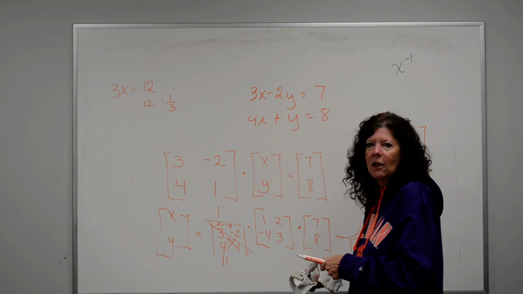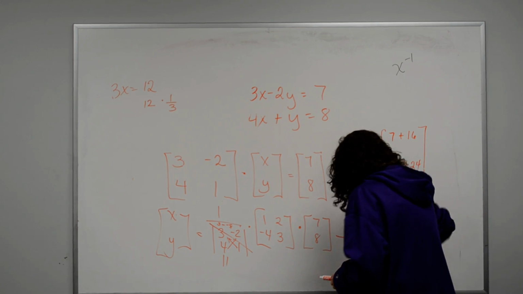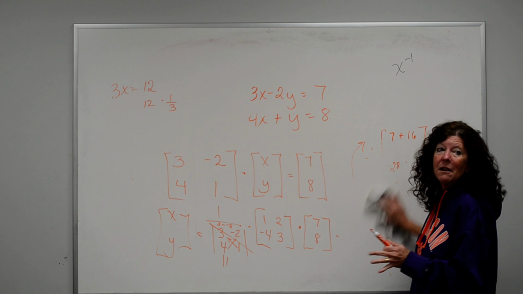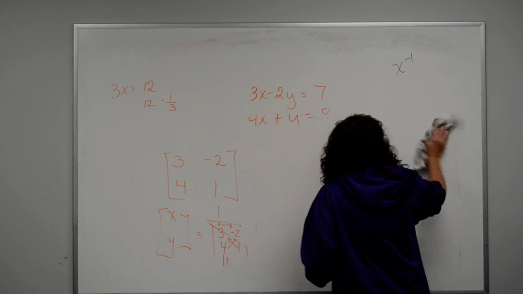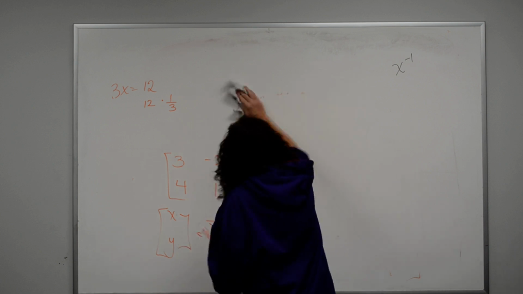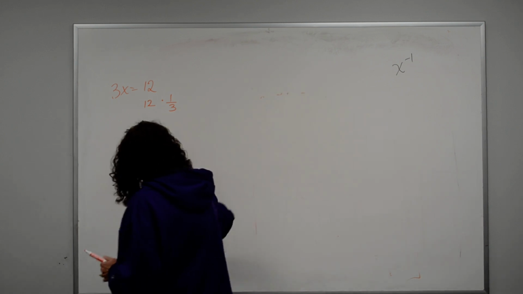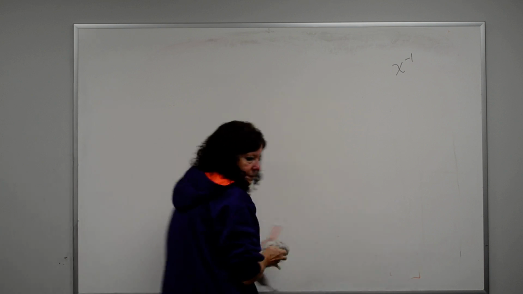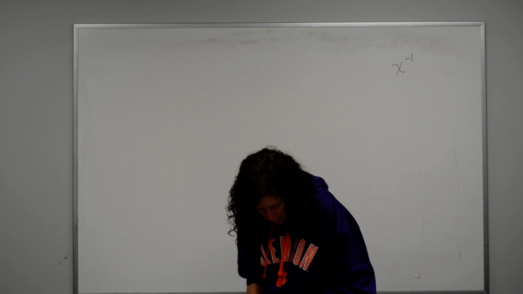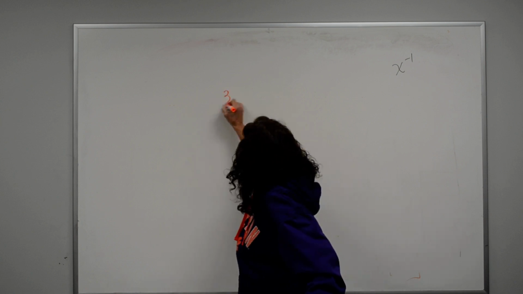It'll take me probably that long to get it written up here. I'm going to show you how quickly it can be done on a calculator. All right, let's say I have this equation.